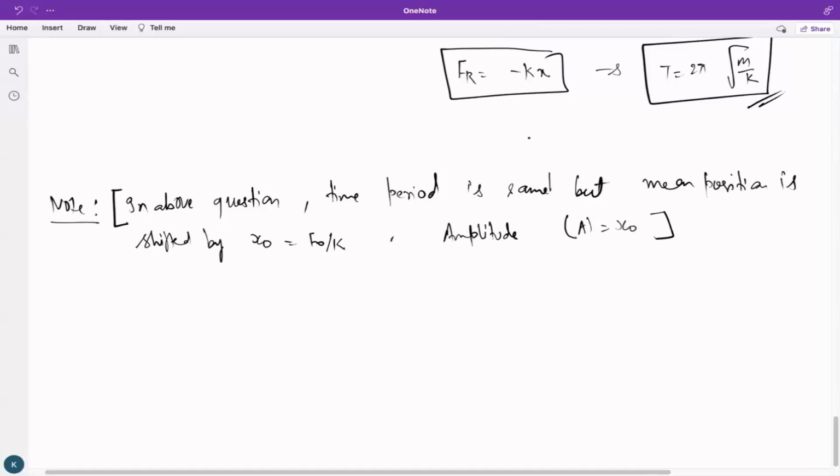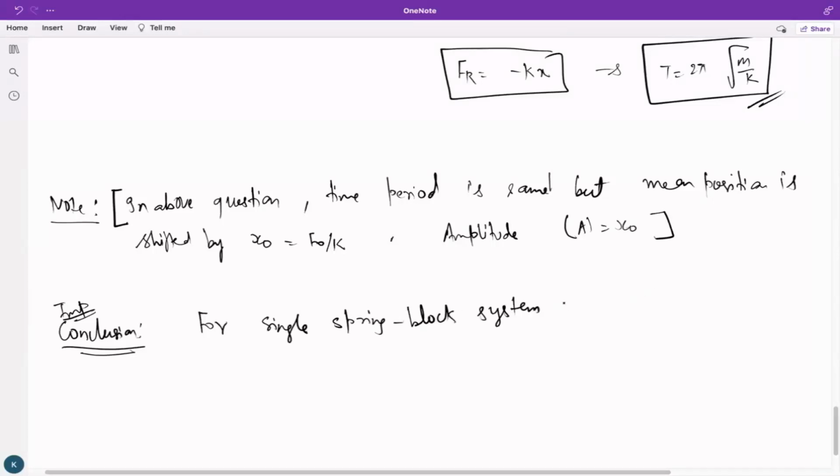So what we can conclude here, let me write it, the conclusion, which is important: for a single spring block system, the time period is always equal to 2 pi root under m by k.